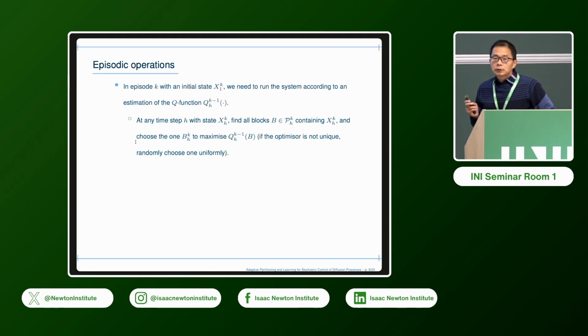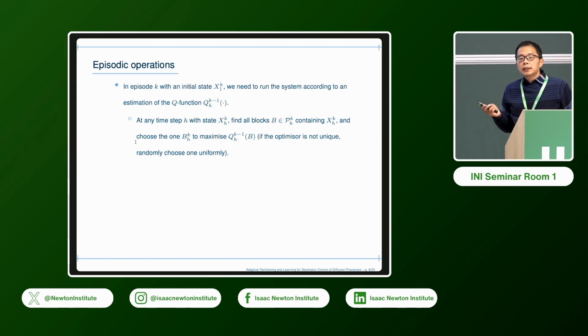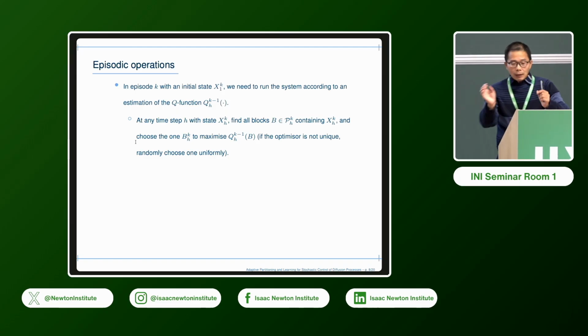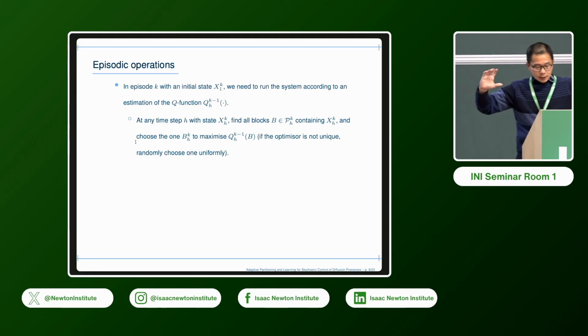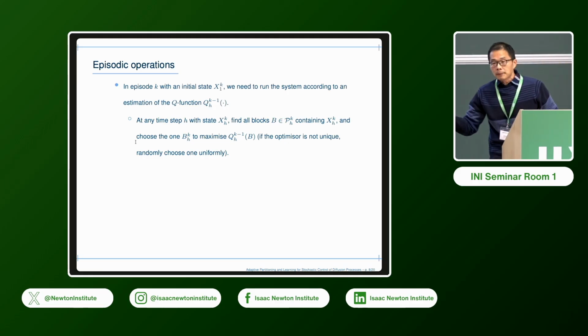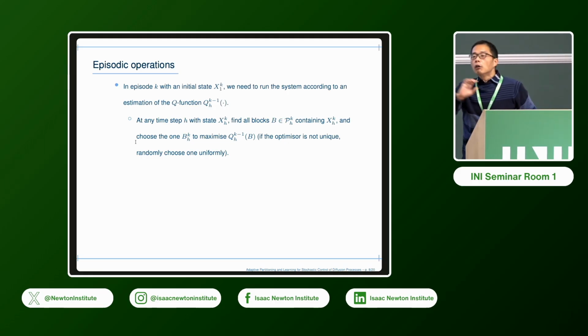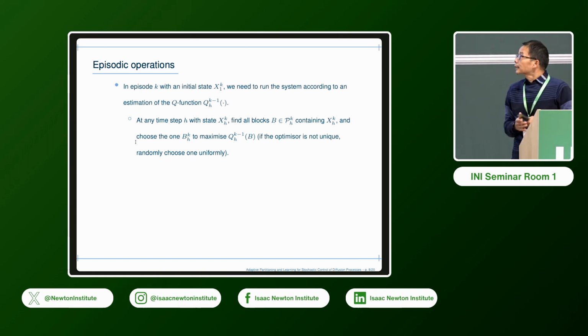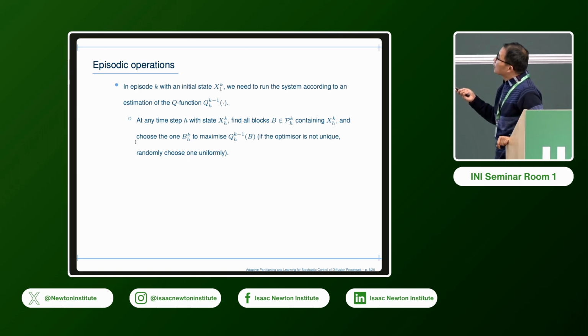Here we use the greedy selection. Because we partition the whole space into blocks, the optimization will be over blocks. For each time h, we observe the current state x_h^k, and then find a family of blocks which contains this current state.